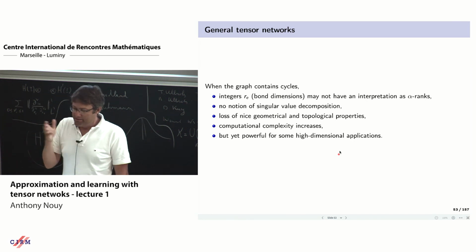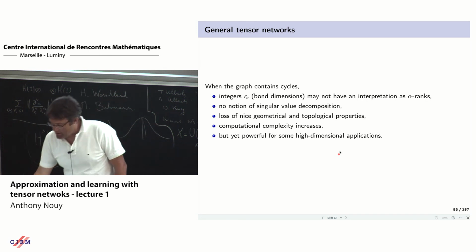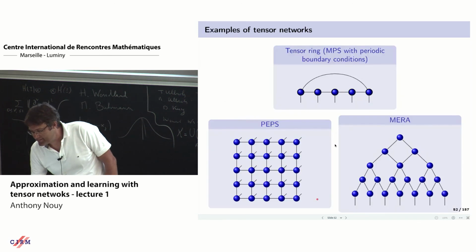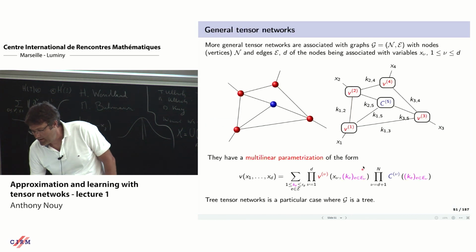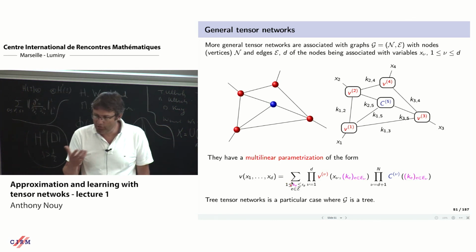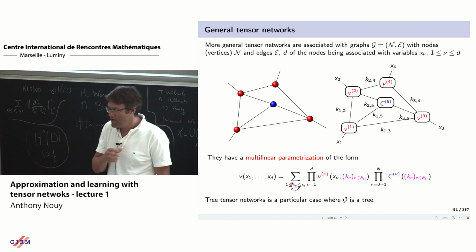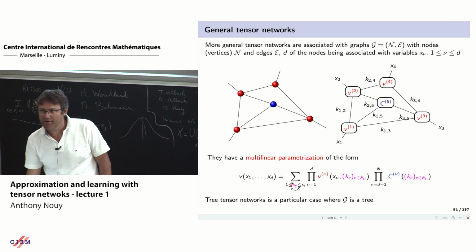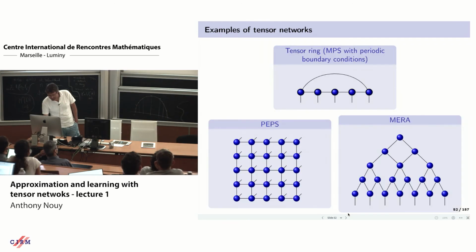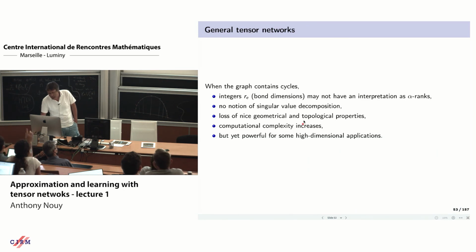In the literature, you will see some people calling these integers, the bounds in the summation, ranks, but it has no interpretation as a matrix rank as we have seen previously. In physics, it is called a bond dimension, and you can also find people calling this rank, but it's not exactly the rank. You call it as you want, but it's not a matrix rank.